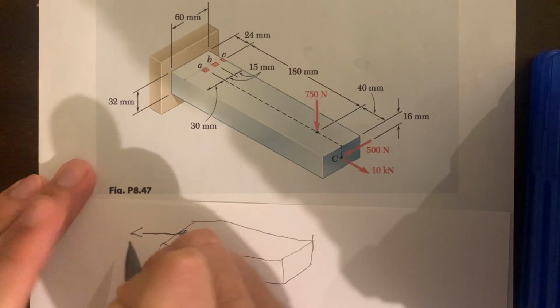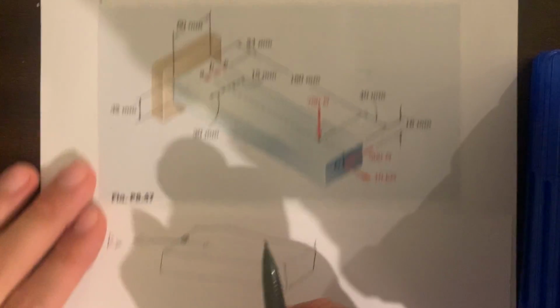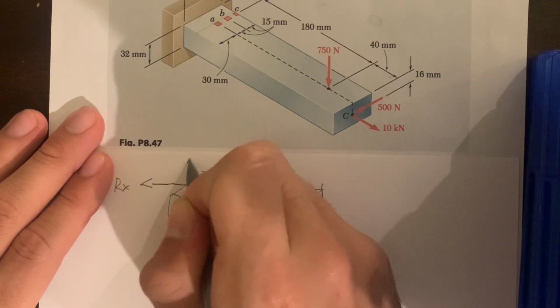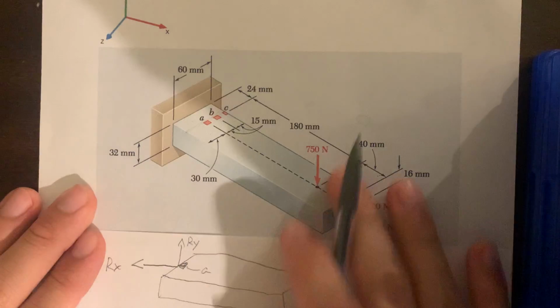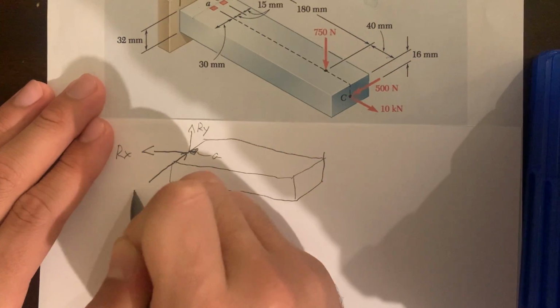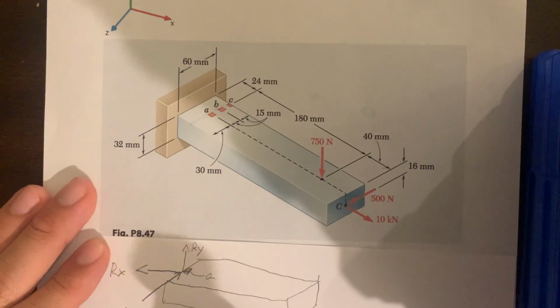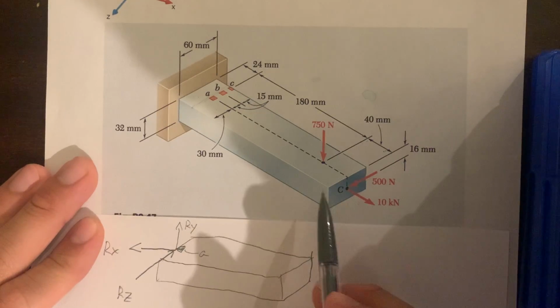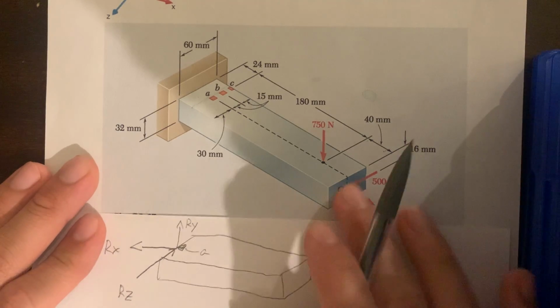So there's Rx, Ry, same thing, and then Rz. Again, all of these reaction forces are just the opposite of whatever force is acting on the beam.